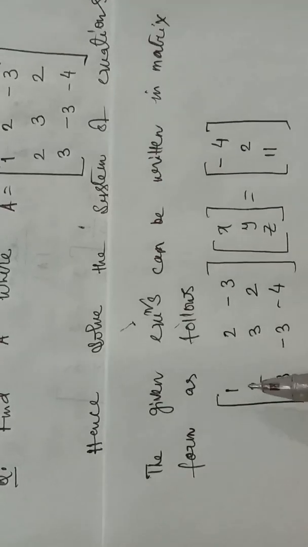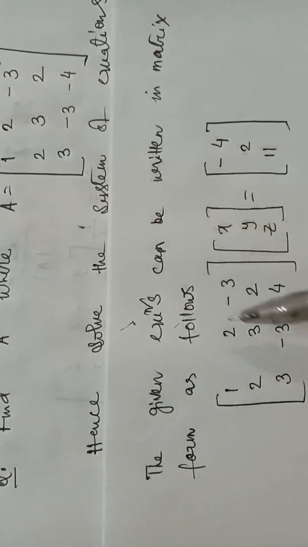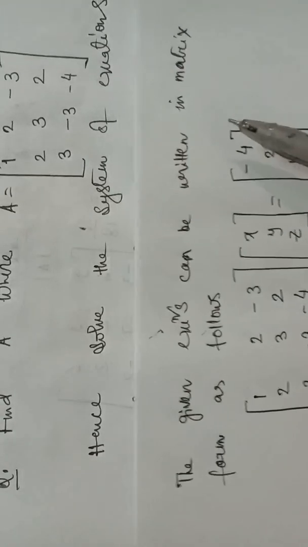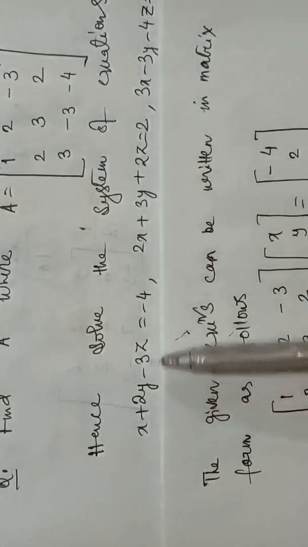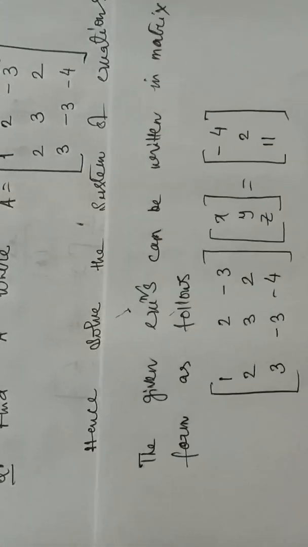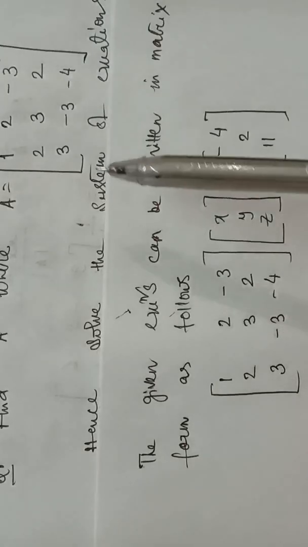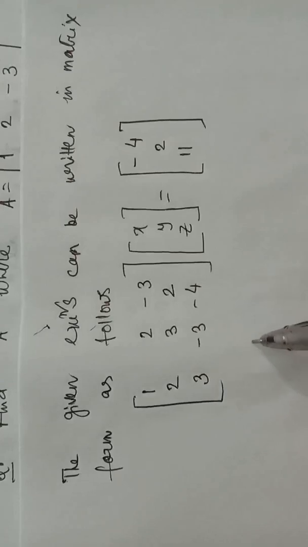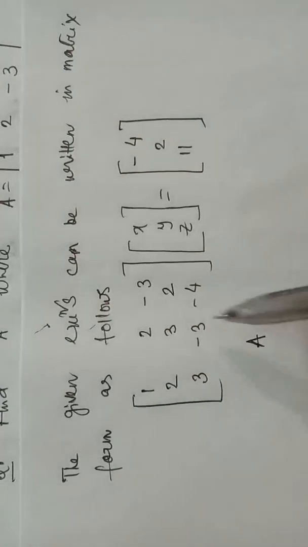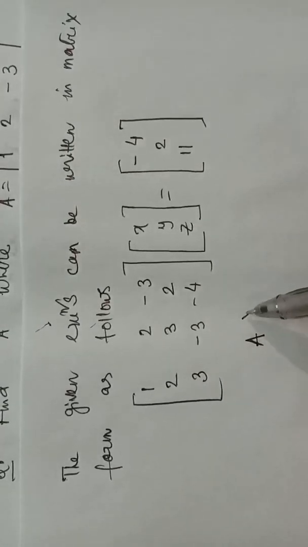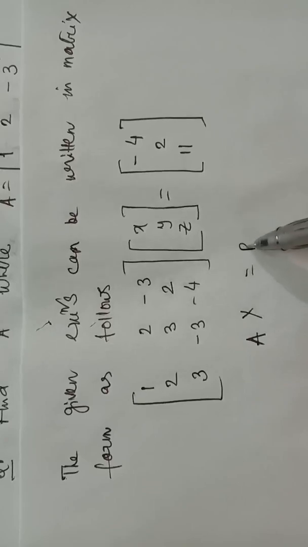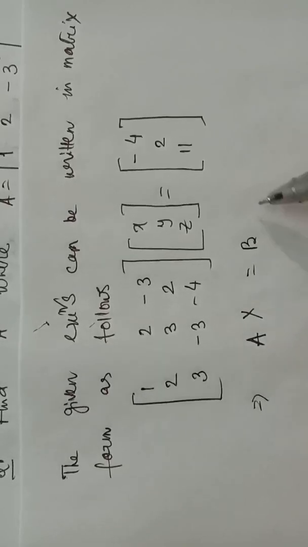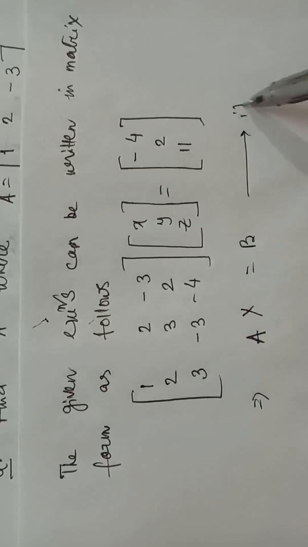Clearly these two matrices are the same. If we write the given equations in matrix form, this matrix will be equal to our given matrix. So we can write A, this is our given matrix, X is equal to B. Okay, this is our number 1.